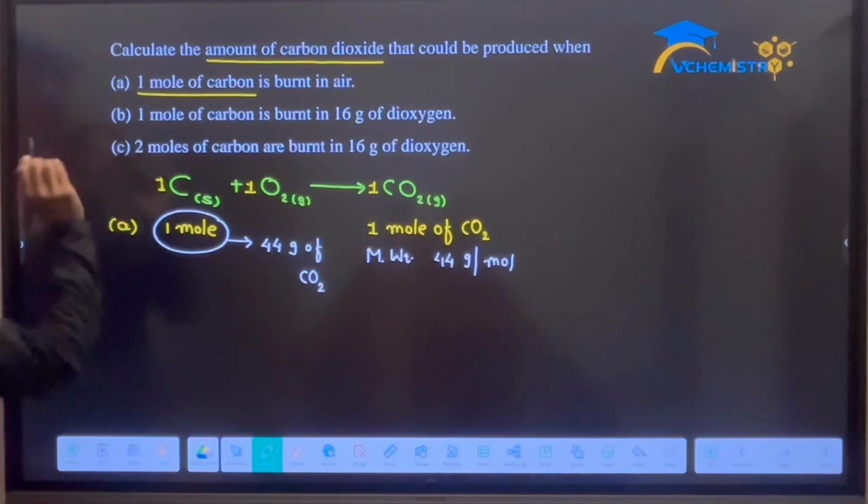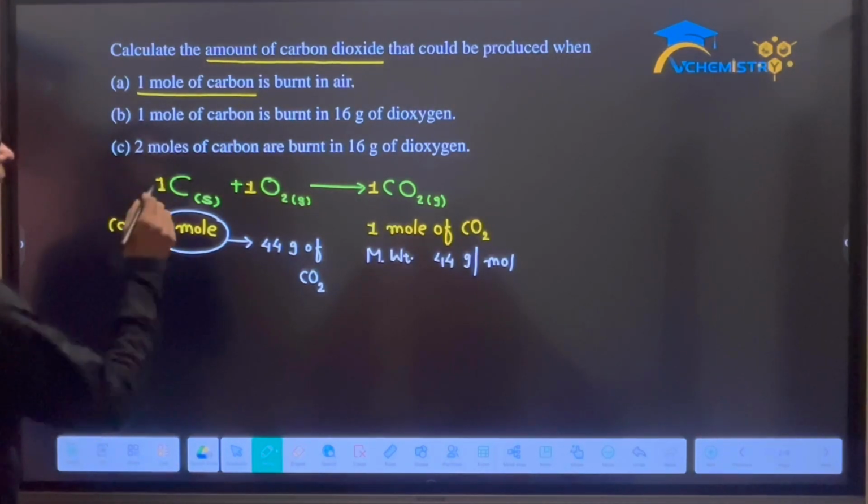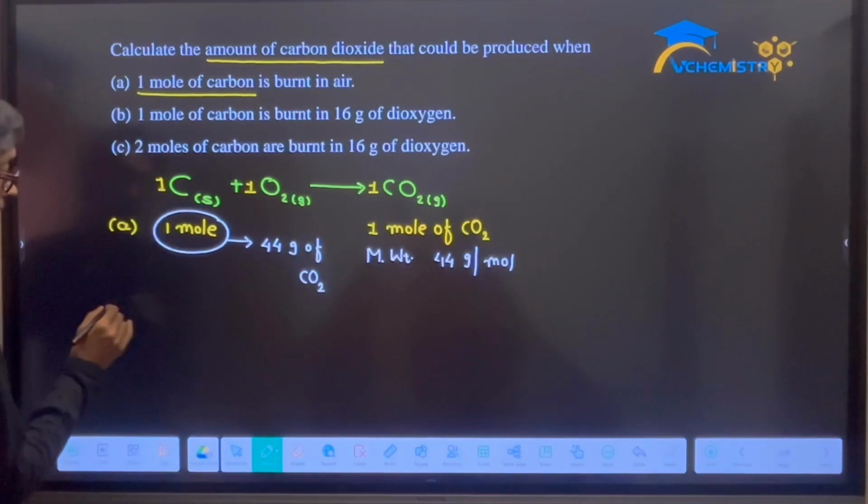Now the second question is: 1 mole of carbon is burned in 16 gram of dioxygen. In this question we will go with the amount of both reactants. We can't ignore any one. So first of all, the ideal equation according to requirement.